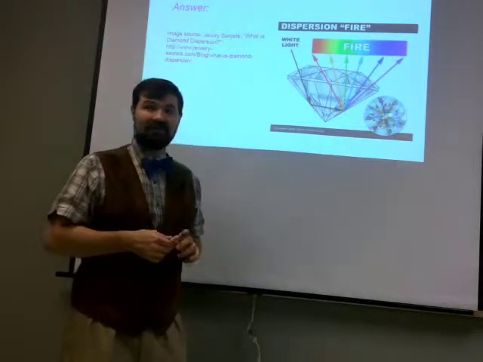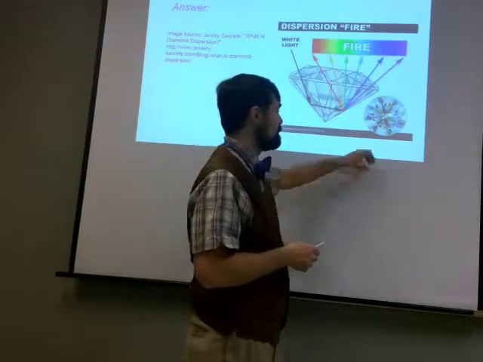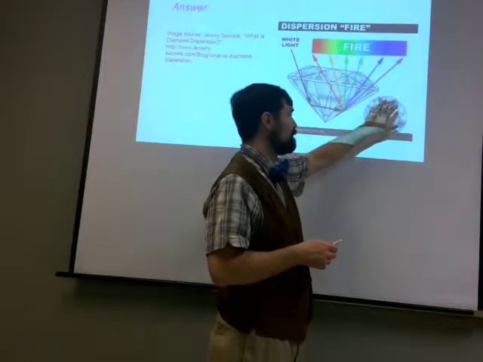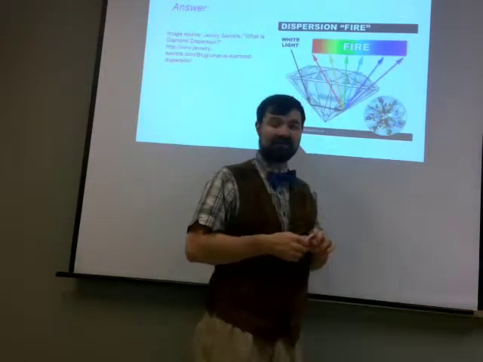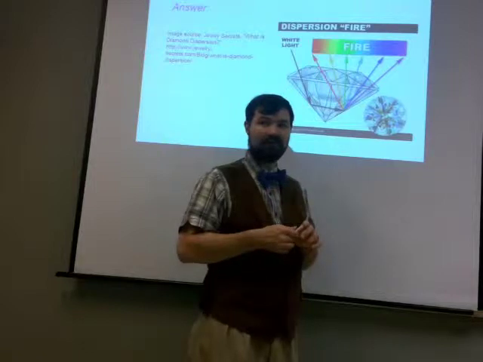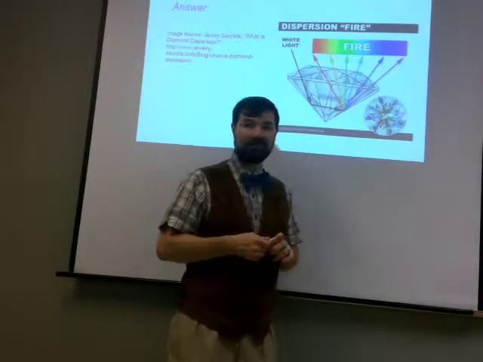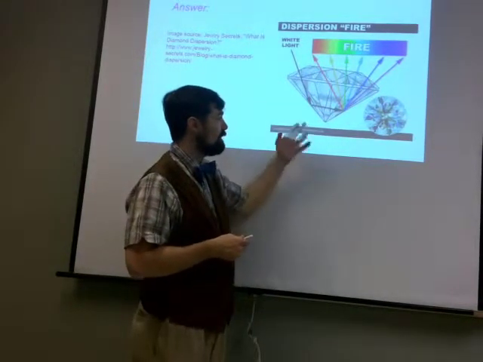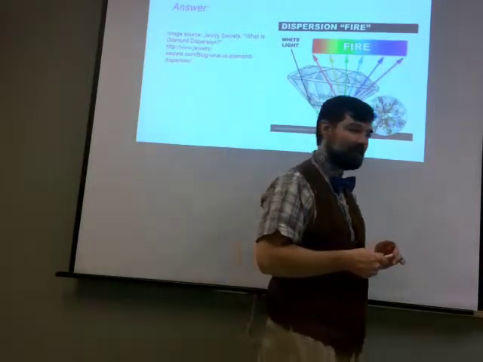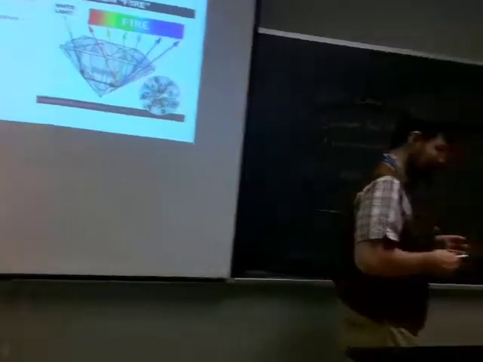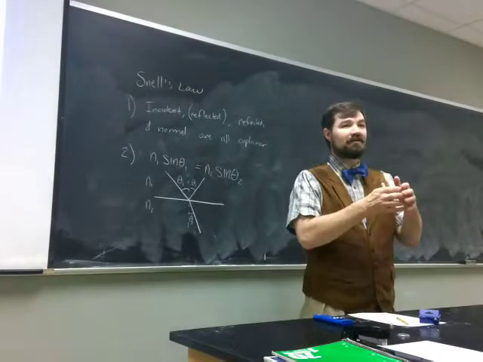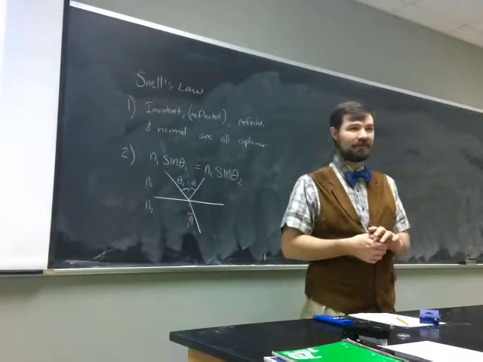Now with diamond, you have all these different facets, and so that rainbow effect actually manifests as a glittering or sparkling, if you will. But if you have just a plain prism, that effect can manifest by making sort of a rainbow come out the other side.